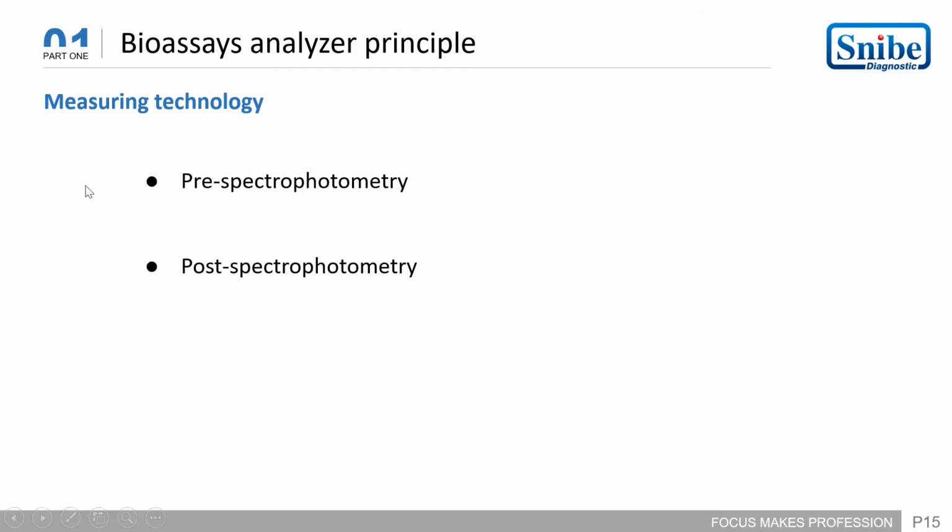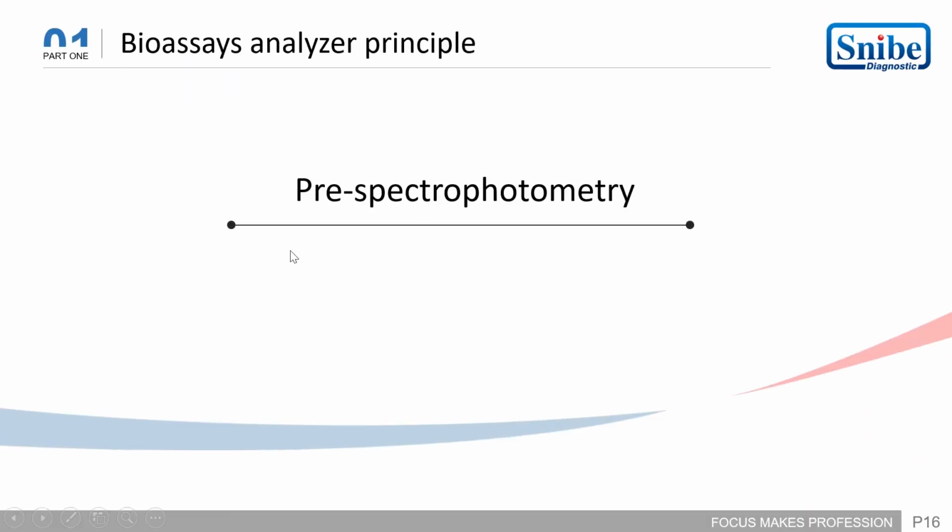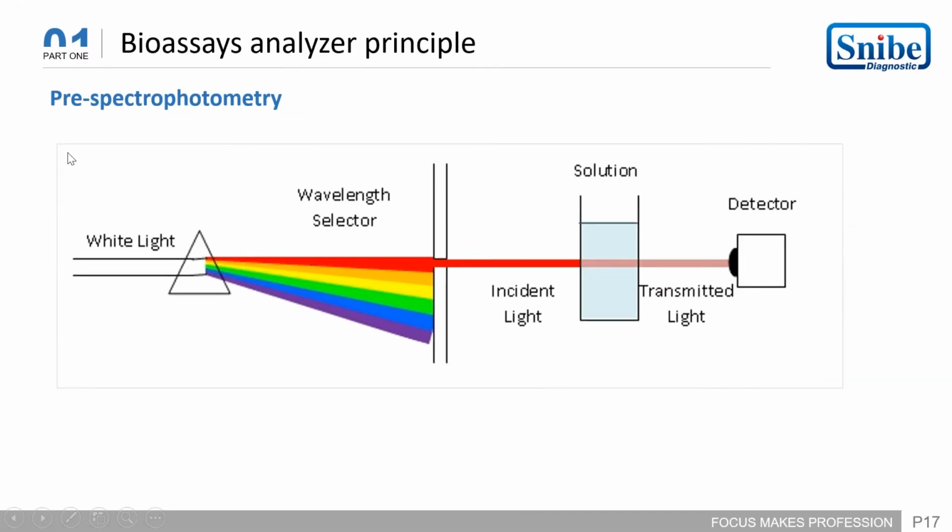So for measuring technology, there are pre-spectral photometry and post-spectral photometry. For pre-spectral photometry, the white light gets through the wavelength selector. Then the incident light will get through the solution. The detector will detect the transmitted light.